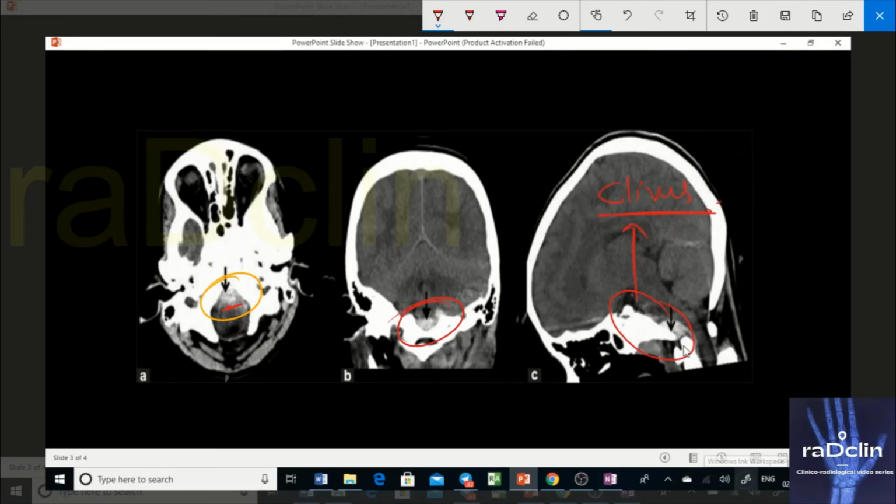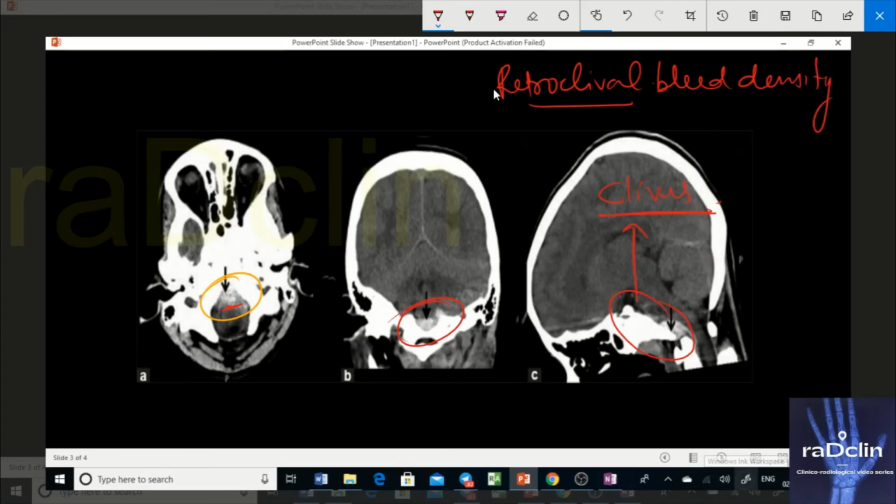Both form the clivus. Are you seeing a typically biconvex bleed density, which is hyperdense extra-axial, and it is behind the clivus? So it's a retroclival bleed density.